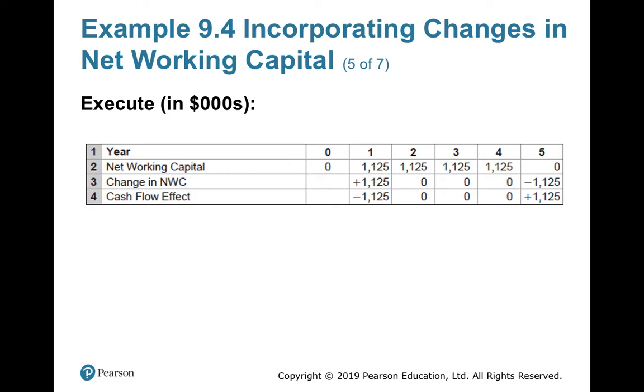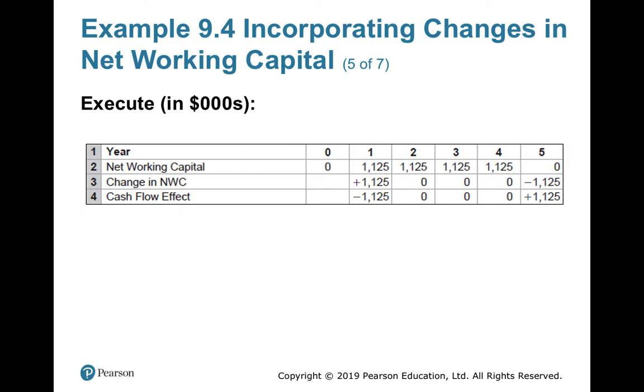In year 2, the change is 1125 minus 1125 is equal to 0. Year 3 also the same, 1125 minus 1125 is 0. Year 4 also the same. But in year 5, zero net working capital minus 1125 net working capital, year 5 minus year 4, is equal to minus 1125.